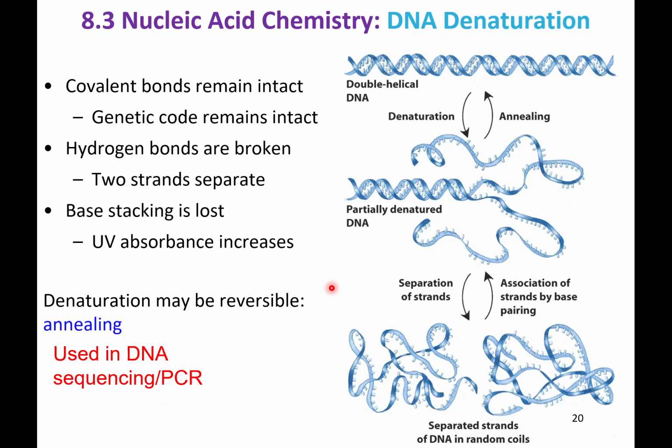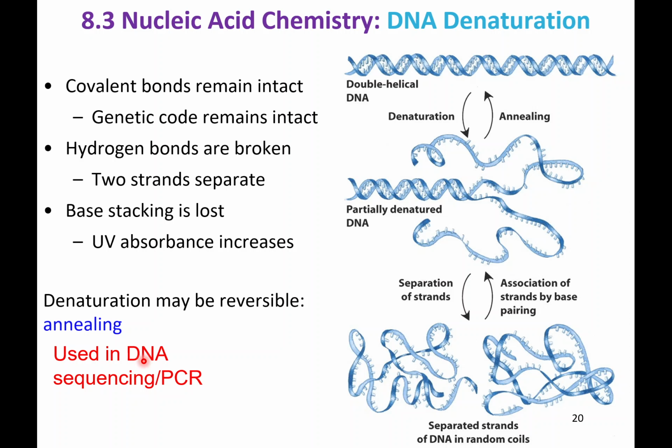And this denaturation is really thought of as being reversible, especially if you're using smaller sequences. The reverse process is called annealing, when two single strands of DNA come together, base pair, and form a double strand. That's annealing.